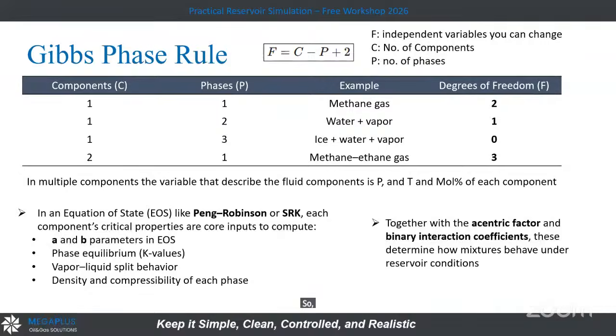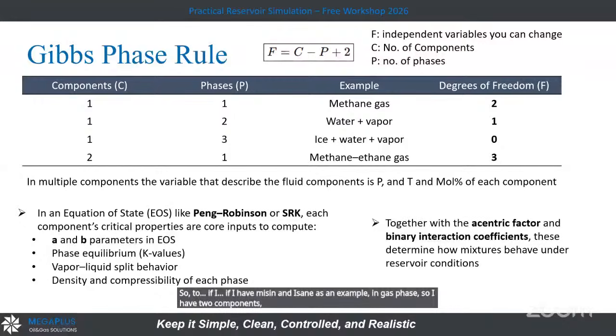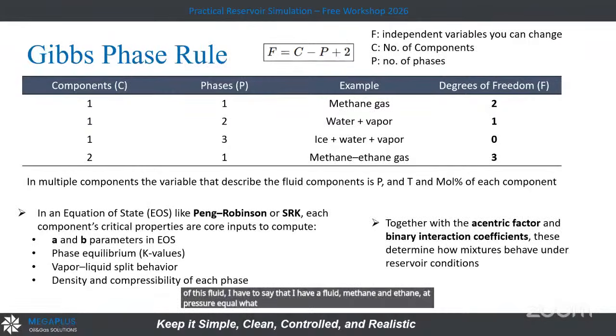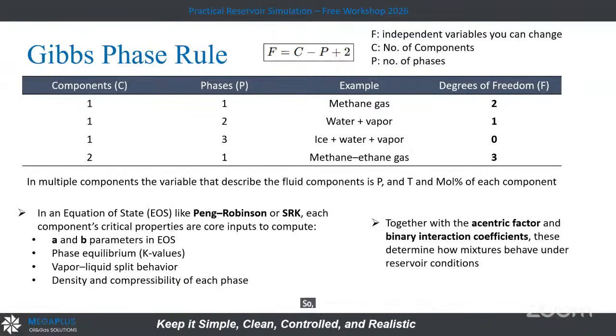So I have to say that I have a fluid, methane and ethane, at pressure equal to what and temperature, and the mole percent of ethane is 50%. So automatically the methane is also 50%. Depending on the number of components, we can express the fluid. This is called the Gibbs phase rule.